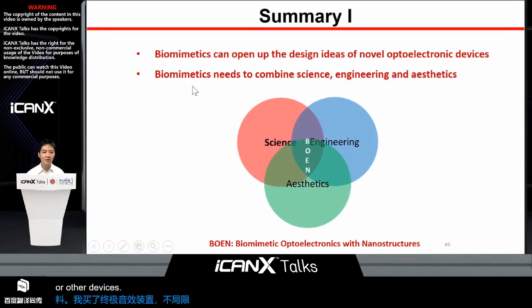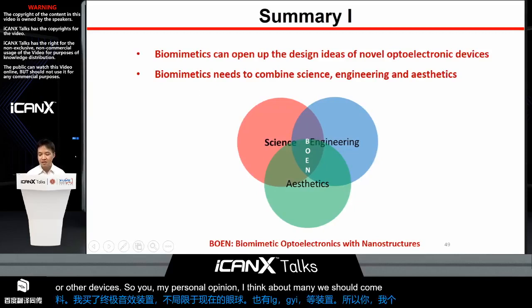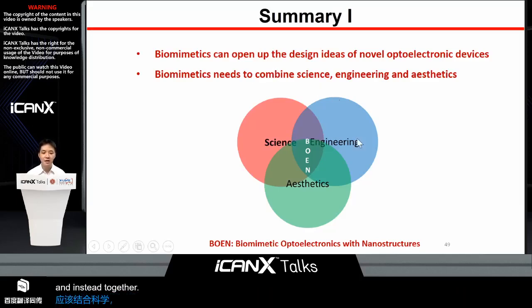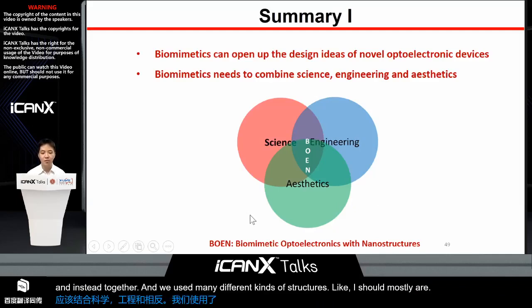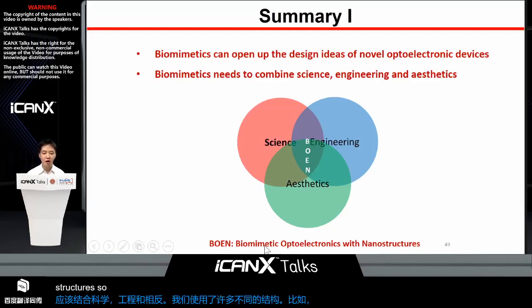In my personal opinion, with biomimetics we should combine science, engineering, and aesthetics together, okay? And here we use many different kinds of nanostructures, actually mostly nanowire or nanorod structures. So we call that biomimetic optoelectronics with nanostructures.